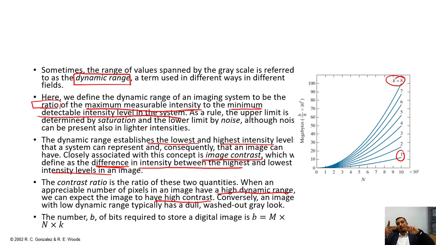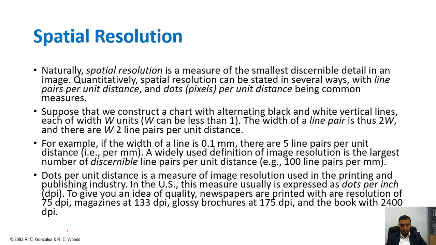And these two are connected together. If you have high contrast, this means you are going to have high dynamic range. The number B, the number of bits stored in an image, is M multiplied by N multiplied by K.